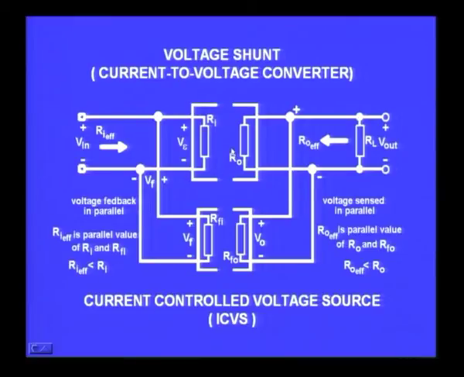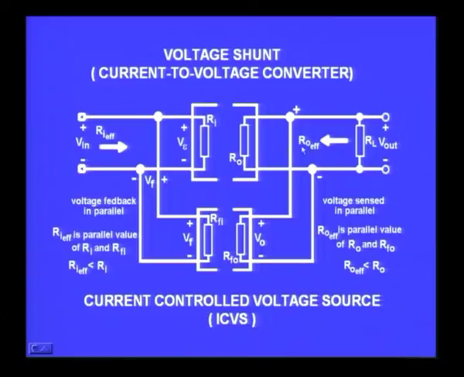We will see the effect of that on the input and output resistance of the amplifier. This block at the center is the amplifier. If you look from the output side, the output resistance, the Thevenin's resistance of the amplifier, and the output resistance of the feedback network come in parallel. When 2 resistors are in parallel, you know the effect: it reduces the effective resistance.